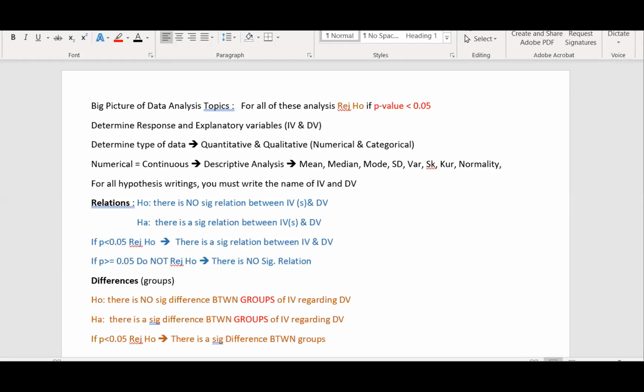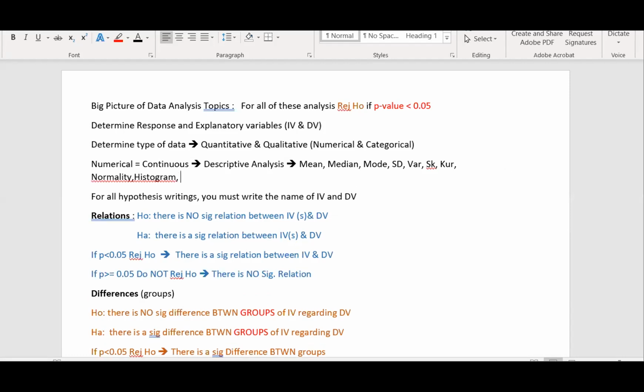Let me see what else is left. Normality, and then we can check the histogram. We can check histogram, and we can check, of course, quantile plot or QQ plot, and then we can check box plot.